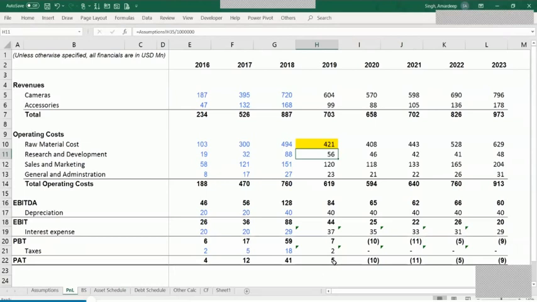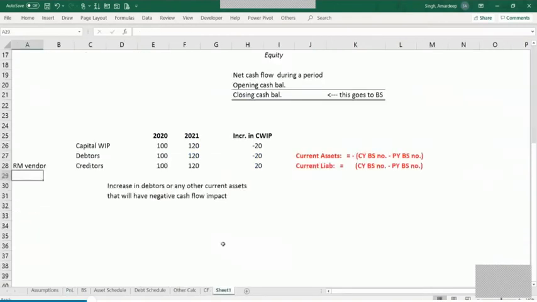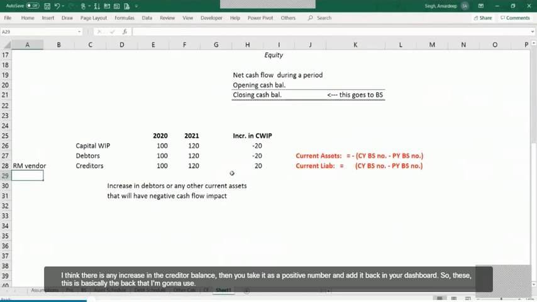So it is a non-cash expense which is not being paid. So from a cash flow standpoint, I should not have deducted this 21 component. So I'm going to add it back. That is what I'm doing here. If there is any increase in the creditor balance, then you take it as a positive number and add it back in your cash flow statement.